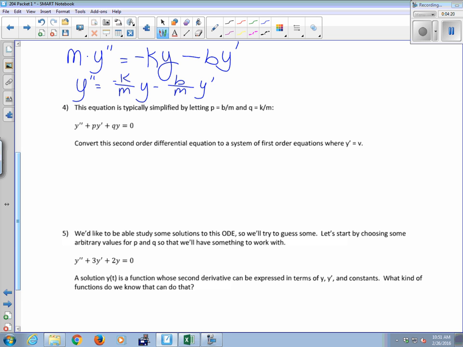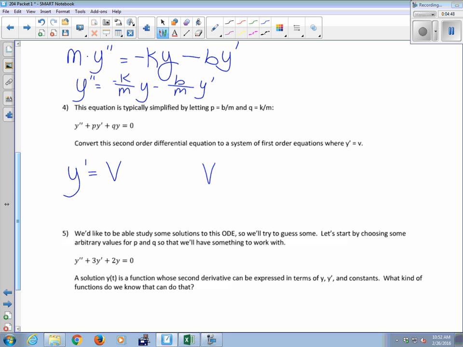All right, so I would like to convert this to a first order system. Right now this is a second order differential equation. What makes it second order? The double prime. So I want to convert it to a first order system, which means I can only have first derivatives, but I can have two equations. The trick here is that you just let y prime equal v, right? So y is position, so y prime is velocity.